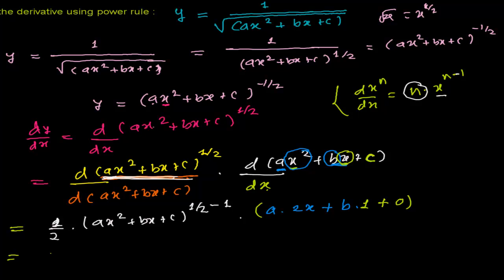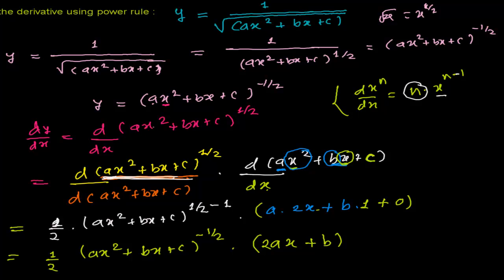So finally what we get is 1 by 2 times (ax square plus bx plus c) to the power minus half, times a times 2x, so I can say 2ax plus b.